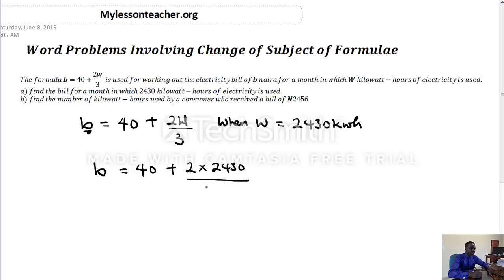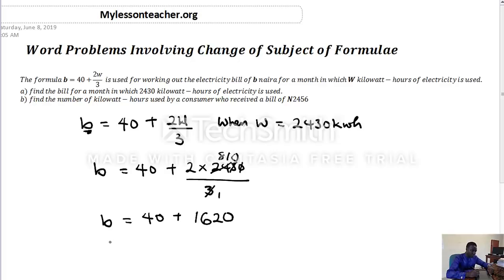2,430 divided by 3. And when you simplify this, you're going to have B to be equal to 40 plus 3 into itself is 1, 3 into 24 is 8, 3 into 3 is 1, and 3 into 0 gives us 0. So that 2 times 810 is going to give us 1620, because 2 times 0 is 0, 2 times 1 is 2, and 2 times 8 is 16.